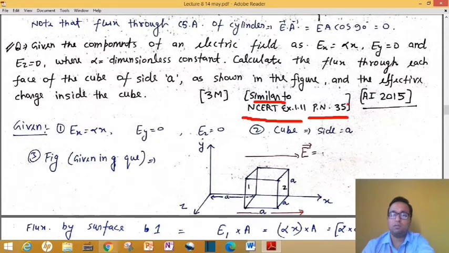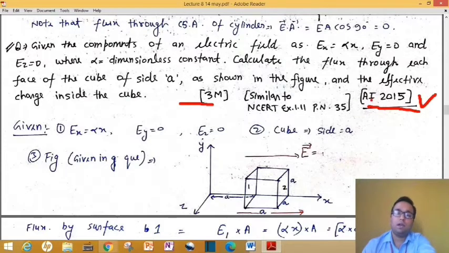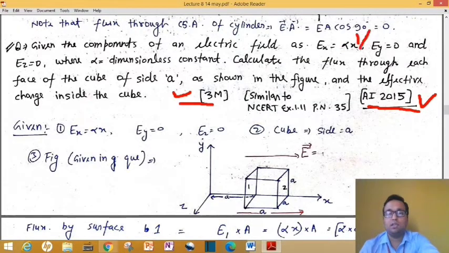A similar question is given, and in the board exam they gave the same question for 3 marks in 2015. The question has a little difference if we compare this with NCERT. In NCERT it is given like x raised to the power 1 by 2 or something like that, but both are the same.